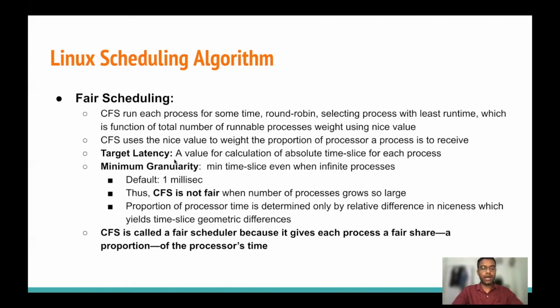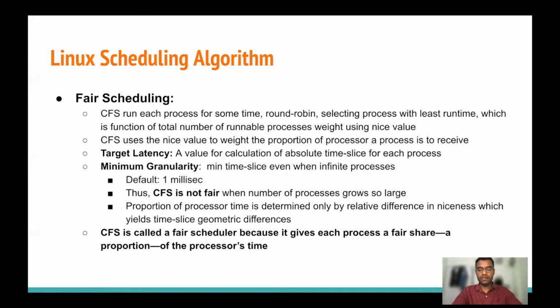That is the total time of the processor, so that the scheduler can assign the absolute time slice to each process. Here you can see that Linux is not dependent on the time tick to decide the absolute time slice of a process. And the minimum granularity is the minimum time that each process will run on the processor, even if there are an infinite number of processes on the system.